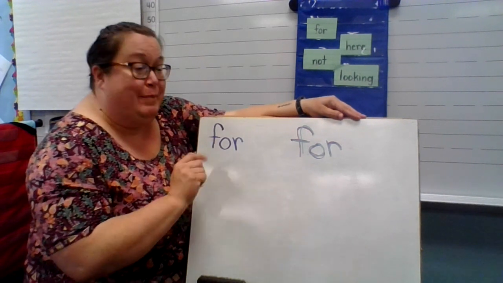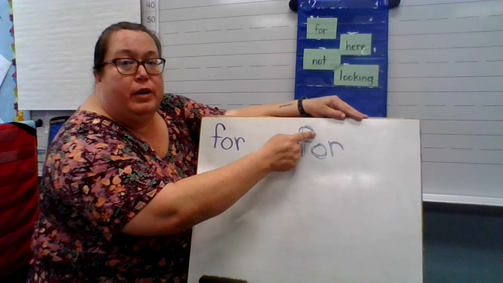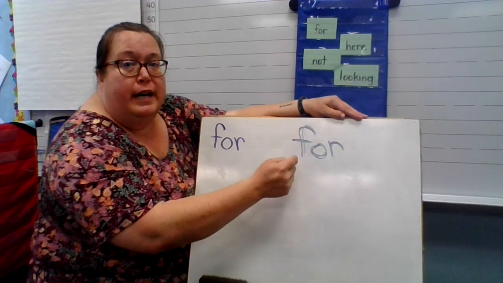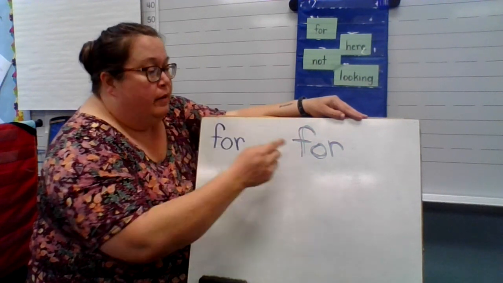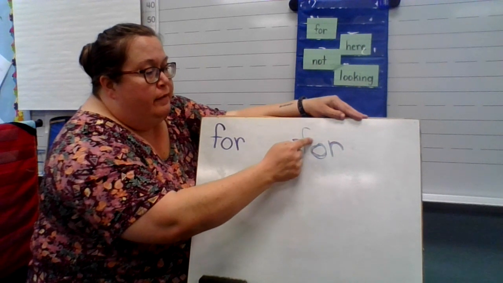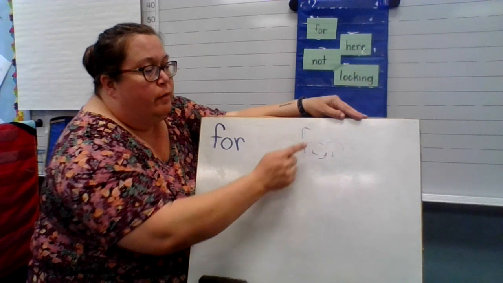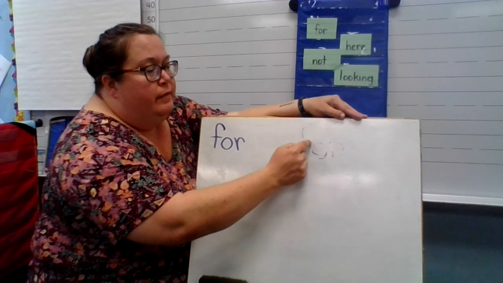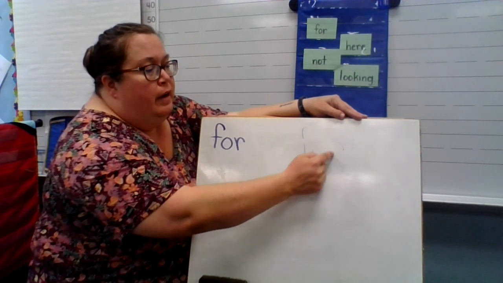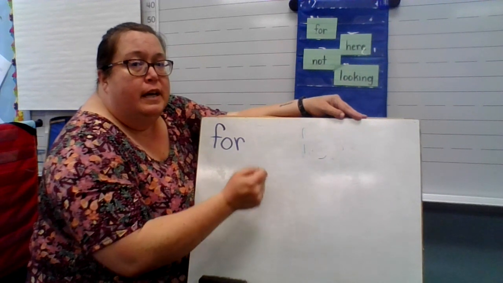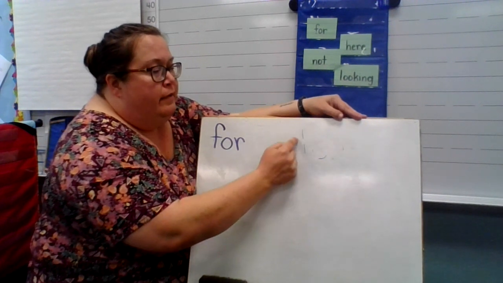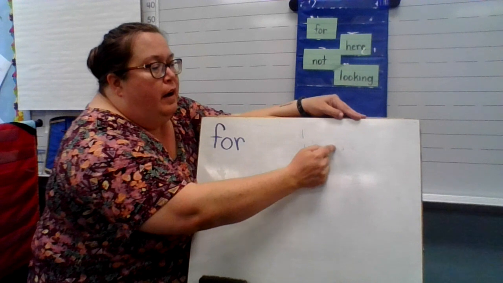Just like when we did with the marker, we're going to make the letter and say the letter with our mouth, okay? F, O, R, for. One more time. F, O, R. And last time, F, O, R.